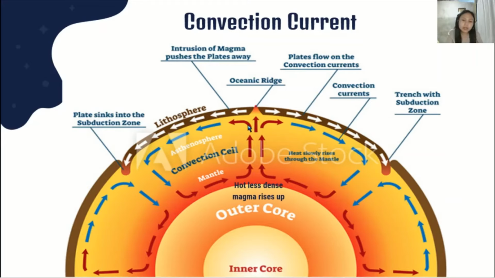So the arrows here are red and blue. Red indicates hot, less dense magma, and the blue one indicates cooler magma. As the hot, less dense magma rises up, it pushes the plates away from the ridge.